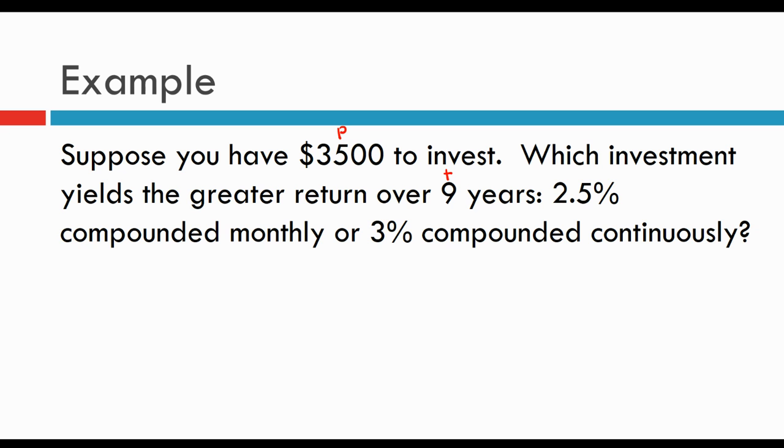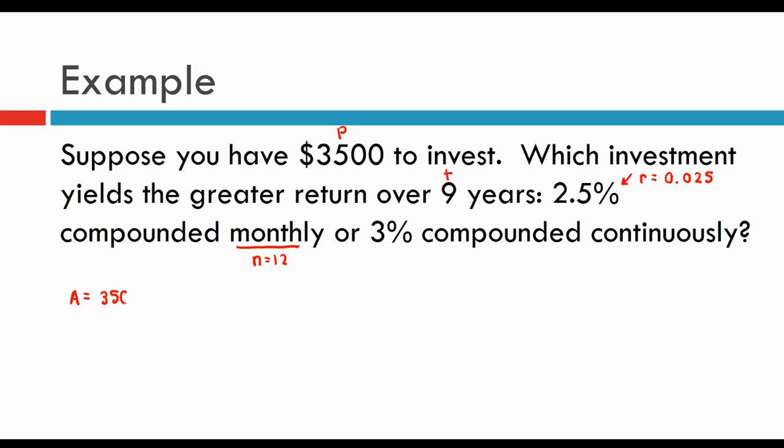Remember, 2.5% is going to get us the rate, but we have to think about dividing that by 100 or moving the decimal 2 places to the left in order to actually get the decimal that we want for the problem. So if I move it 2 places to the left, it would be 0.025. And then when we're compounding monthly, that means that n equals 12. So I'm going to plug that information in for this.